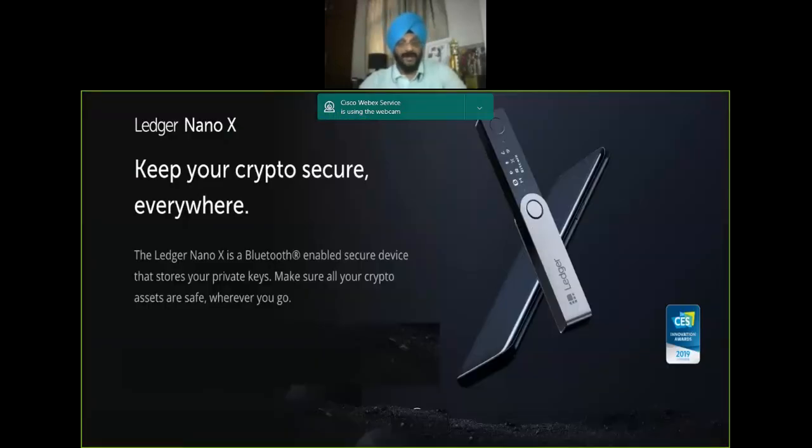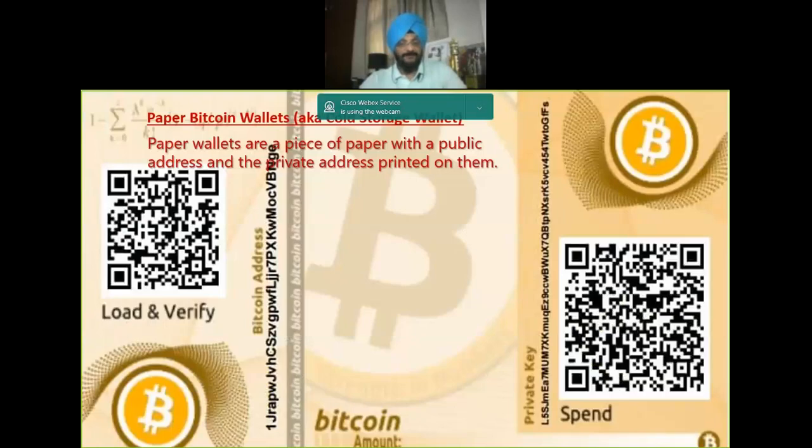You can also store the code on an external hard disk. This is called an offline or cold wallet. Then there is the paper wallet, for people who tend to forget.